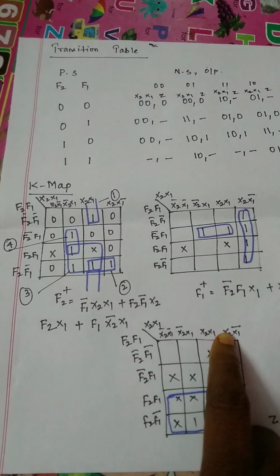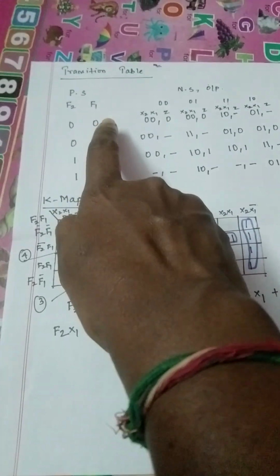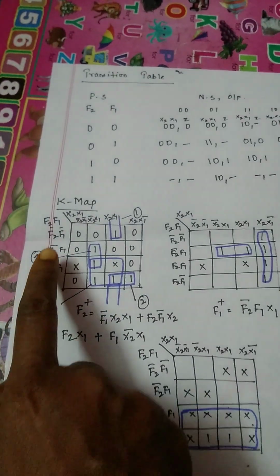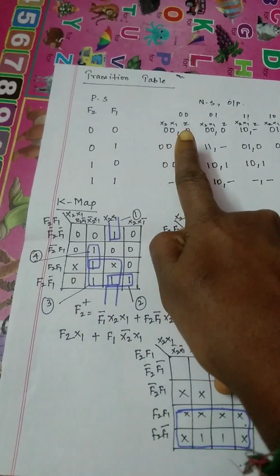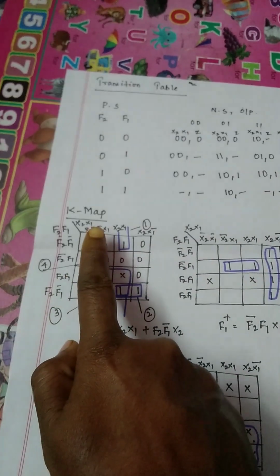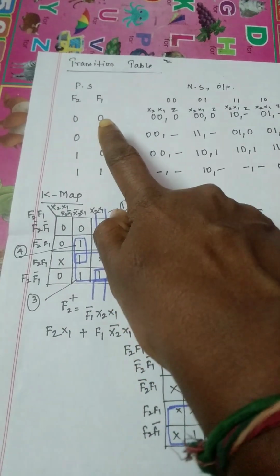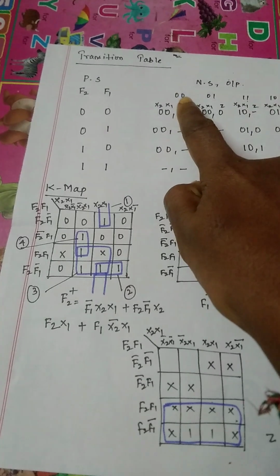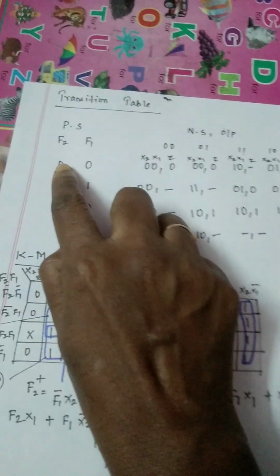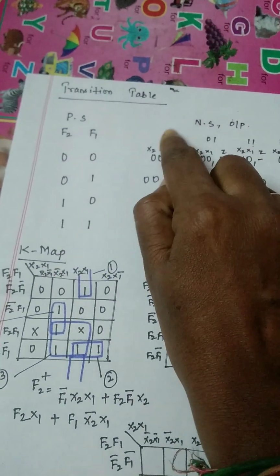How we are going to do it: this is your present state, F2 and F1, right? So we have written in the F2 and F1. We have taken the input X2 and X1. We have written here. So if you see this, this is 0 0, and the next state is 0 0, right?